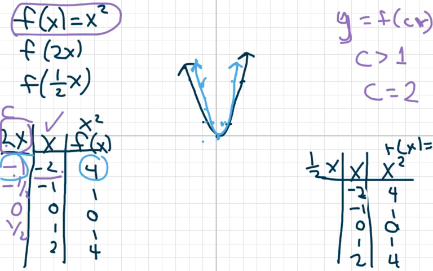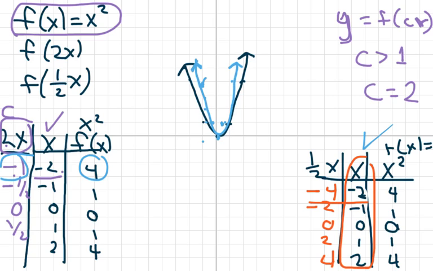Okay? Now, when we're going to do the 1/2, and I put it over here, that means I'm going to multiply my x values by 2. If I multiply negative 2 by 2, I get negative 4. Negative 1 by 2, I get negative 2, 0, and then 2 and 4 back again. Now I'm going to plot these points.